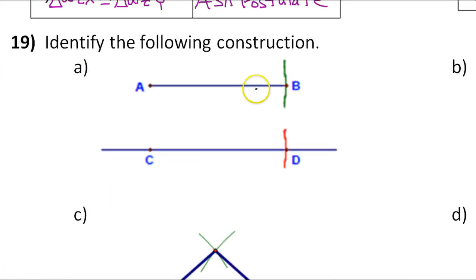Alright, in number 19 we're supposed to identify the construction. Okay, what do they mean by that? Well, here are some of the constructions that we've learned. We learned to copy a segment. That's the first thing we learned. We learned to copy an angle. Then using those two pieces of information, we learned to copy a triangle by the side congruence.